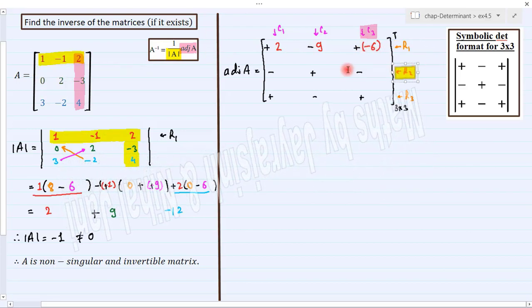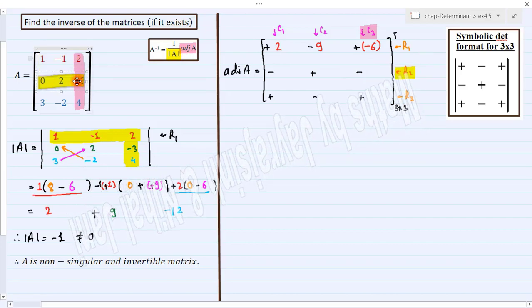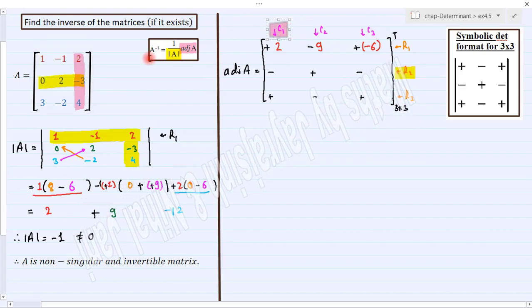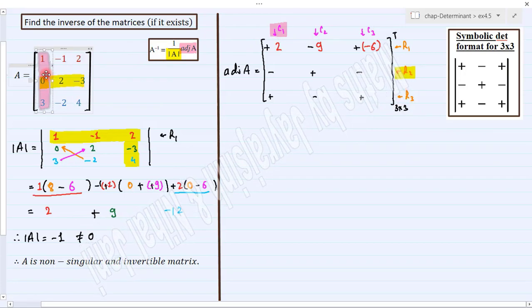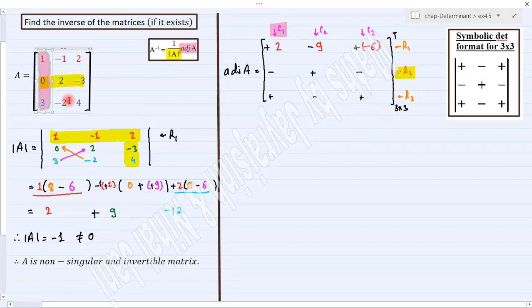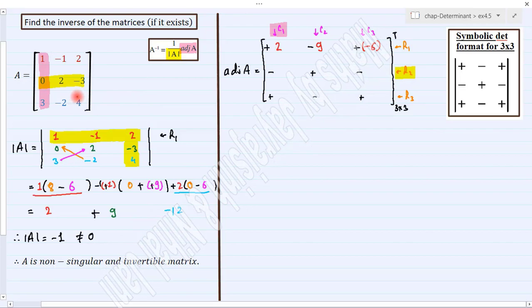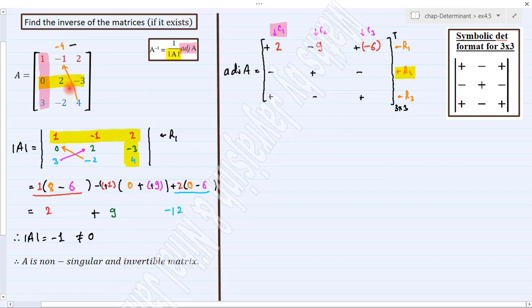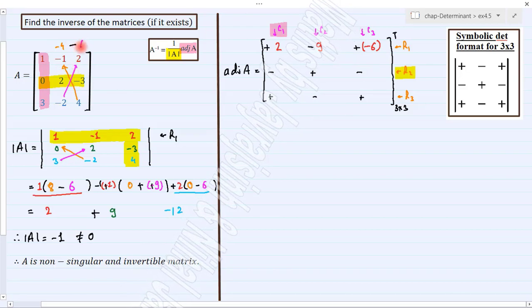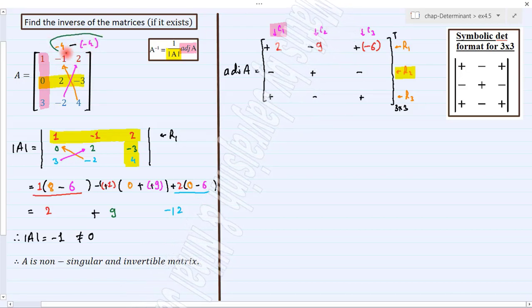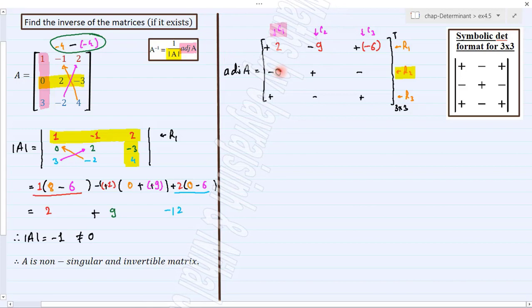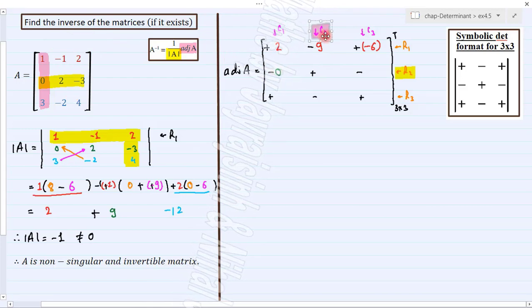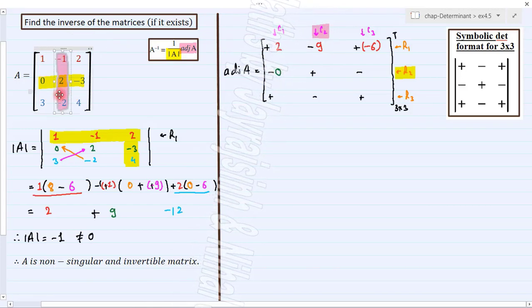Now let's try to get element of second row. The first element is in first column. So ignore second row and first column and then cross multiply. 4 minus 1s are minus 4, minus 2 2s are minus 4 again. So here we'll get 0. Then second element is in second column.